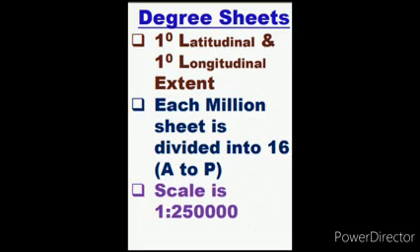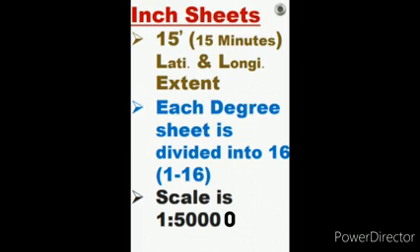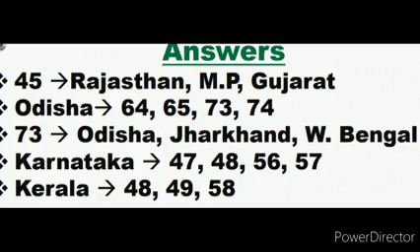Its scale is 1:2.5 lakh, and each degree sheet can be divided into 16 parts, 1 to 16, and its longitudinal and latitudinal extent is 15 minutes, and its scale is 1:50,000. Based on these explanations, you can find out the answer for the questions given in page number 54 and 55.